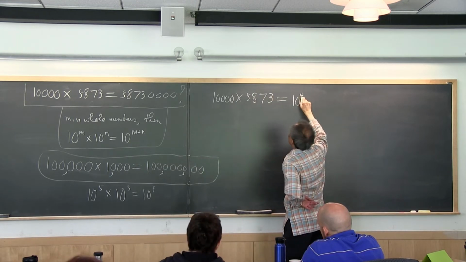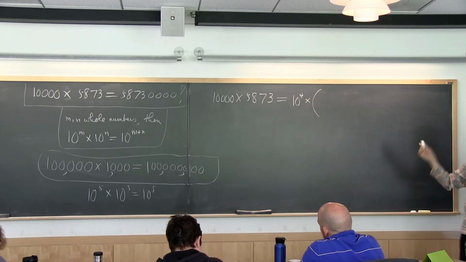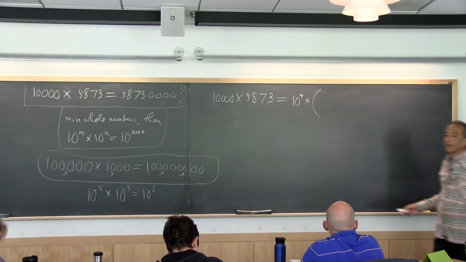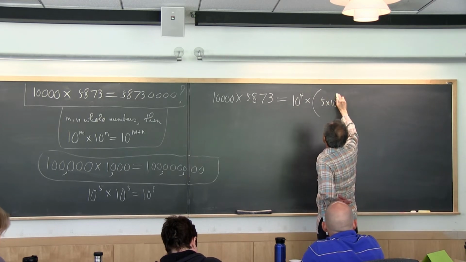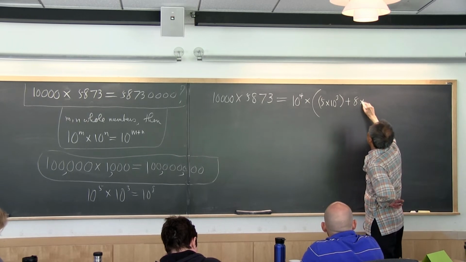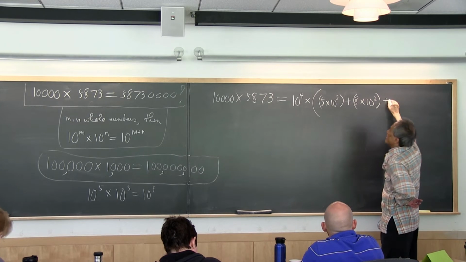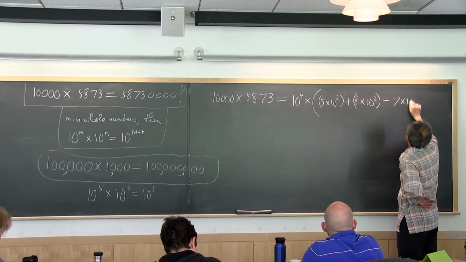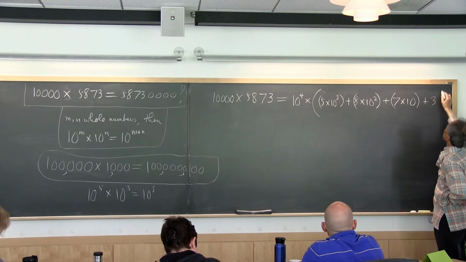I'm going to write it out in expanded form. It's 5 times 10 to the 3, plus 8 times 10 squared, plus 7 times 10, plus 3. Yes?